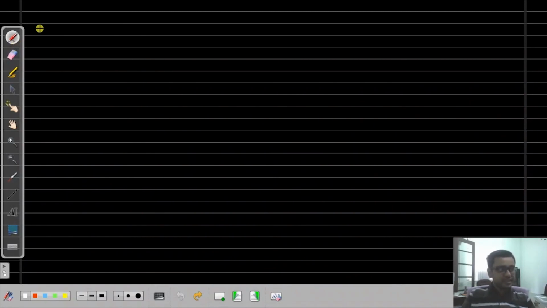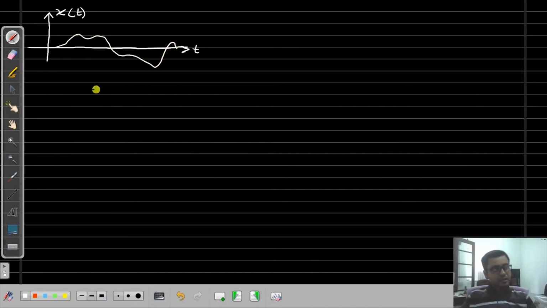Suppose x is an arbitrary signal, x of t, some arbitrary signal you imagine, and we want to calculate the area under this curve from minus infinity up to some point of time.